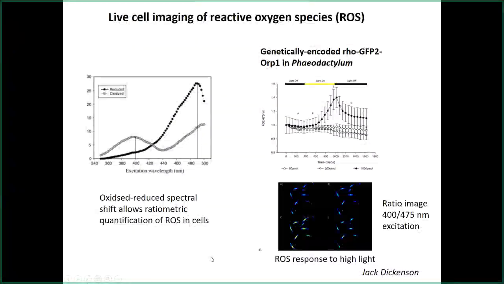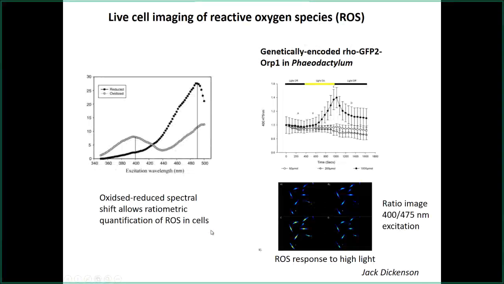We can also, for example, measure reactive oxygen species within cells. Again, we use a genetically encoded reporter. This one's called roGFP2-Orp1. And at the bottom, we've got some Phaeodactylum cells expressing that reporter.